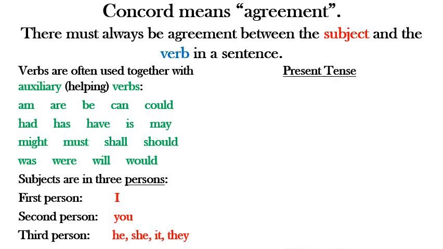Now, let's take a look at the present tense. And remember that your tenses are always in two forms. You've got the simple form and the continuous form, and you'll see lots of examples of them during the course of this presentation.